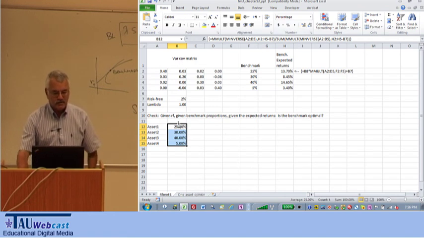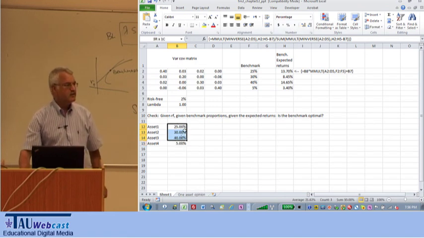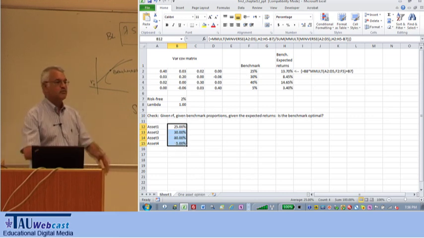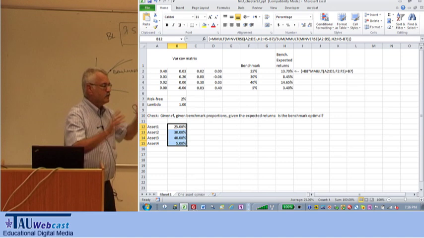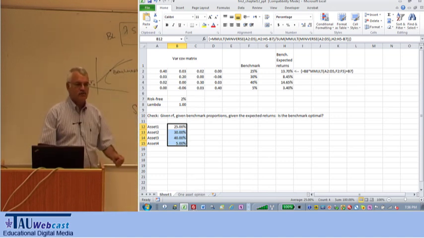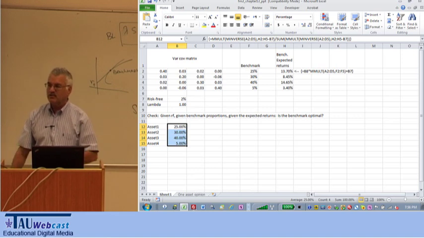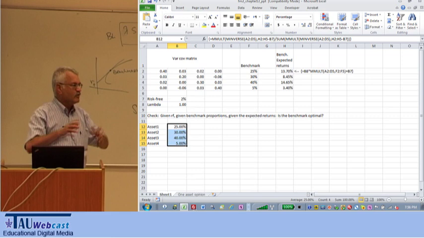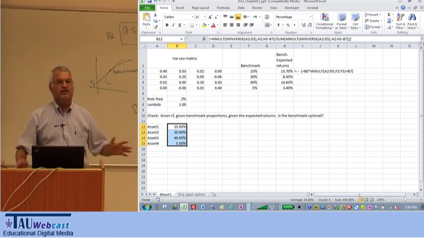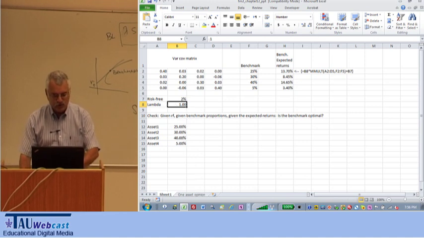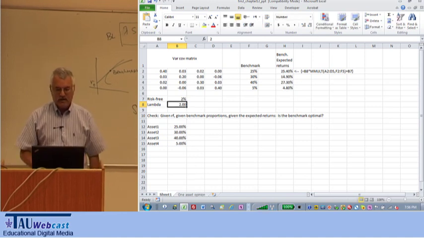Okay, so you see this? This is exactly the benchmark. So I start with the benchmark and the covariance matrix and the risk-free rate and some lambda, and I solve for the expected returns, and if those are the expected returns, then the benchmark is indeed optimal. Not only that, it works for every single lambda. If lambda is 2, it also works.